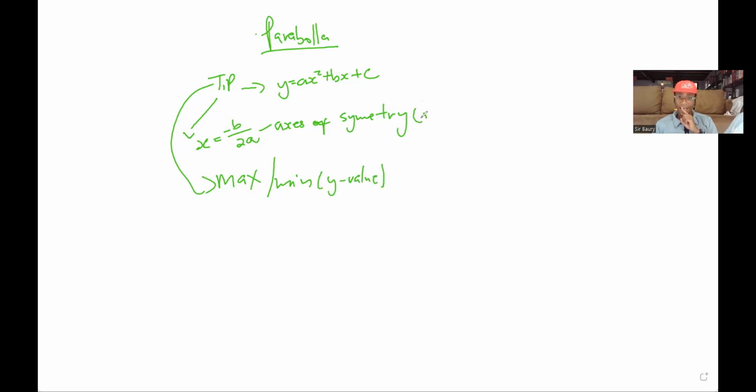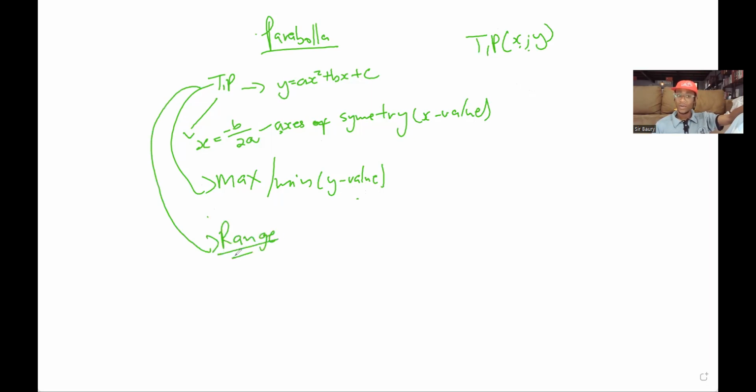Because with the turning point, remember, you have x and y. The x is the axis of symmetry. The y is the maximum or the minimum. Also, this is very important. The turning point also tells you about the range.